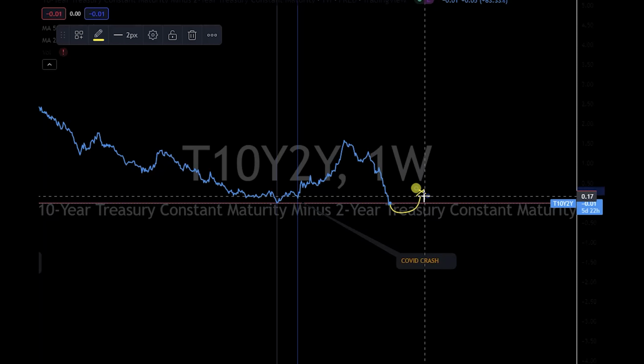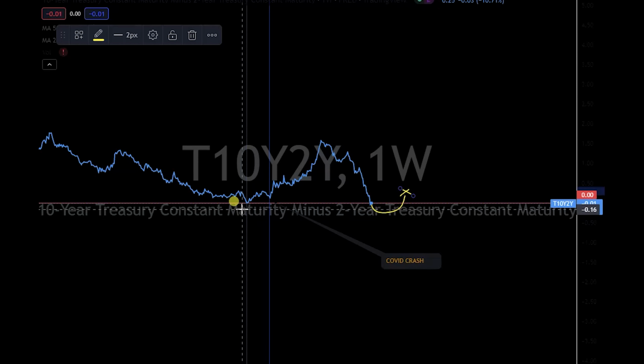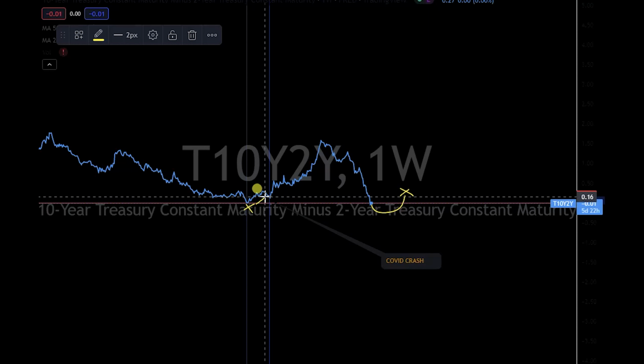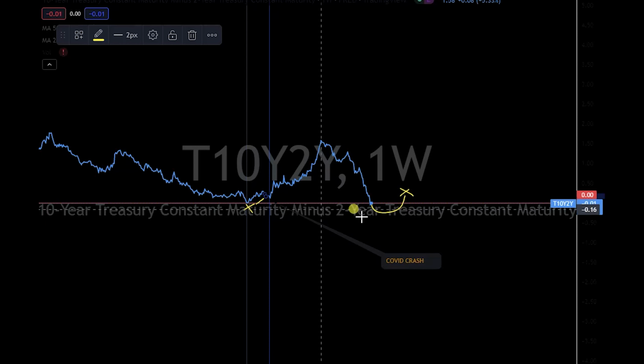Because as the trend starts to steepen, that is typically when the markets break and fall. Just like you had in COVID here, this was the original point where you almost inverted, and then you had the steepening trend occur, and COVID then crashed the markets.